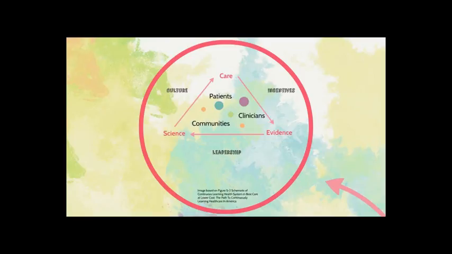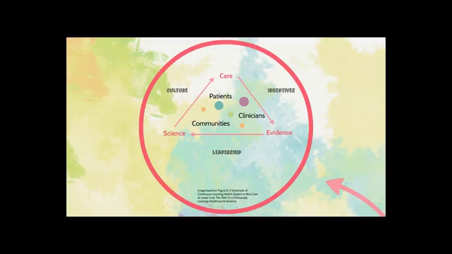So this picture here is basically just showing you the basic elements of a learning health system. A learning health system generates and uses real-time knowledge to improve outcomes. It engages patients, clinicians, and communities. And I like the fact that it talks about engaging clinicians and communities. There's a lot of talk out there, at least in the behavioral health world, about engaging patients.